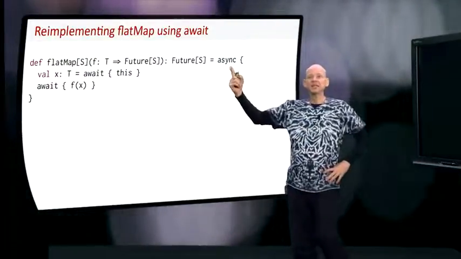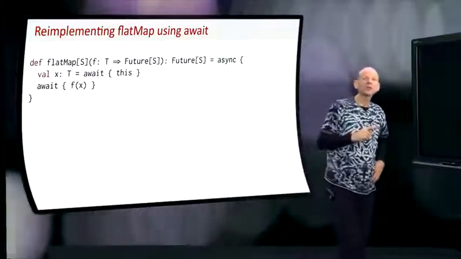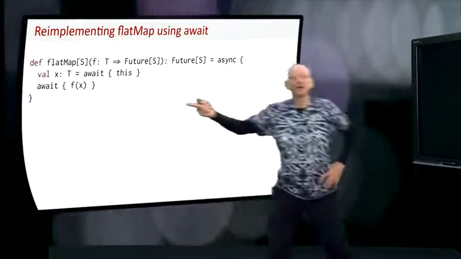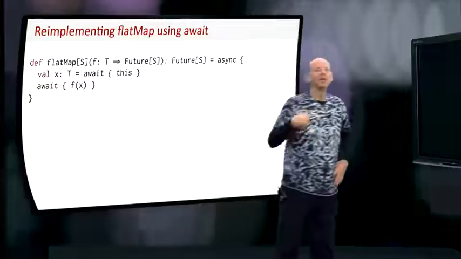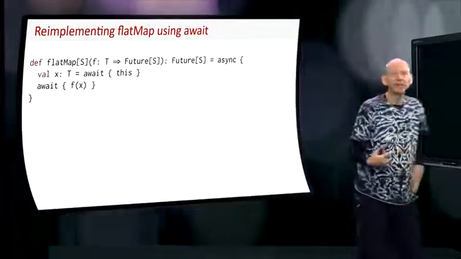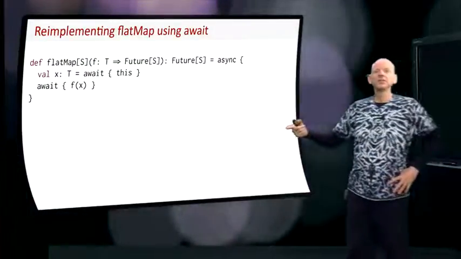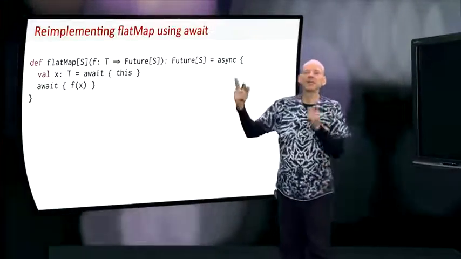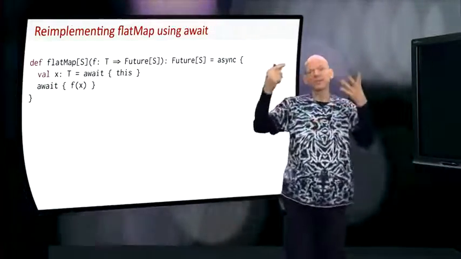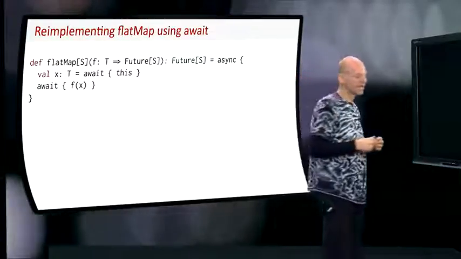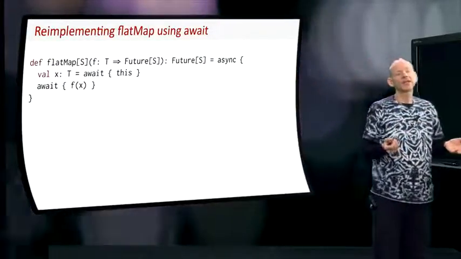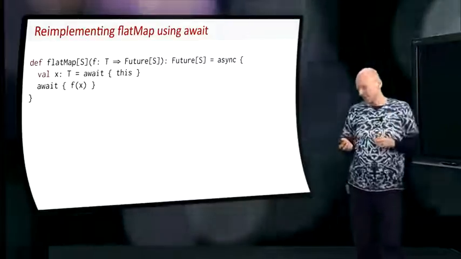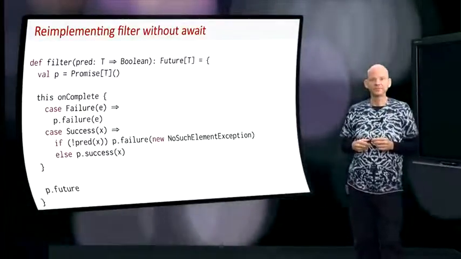But magically, if I'm in this async block, I can use await, so I just await myself. Now I get a value of type T. I call the function, which returns a Future of T, but since the await wraps another future on it, I have to await that f of x, and everything goes well. Now look how beautiful and elegant this code is.